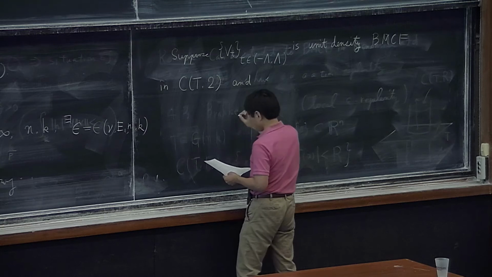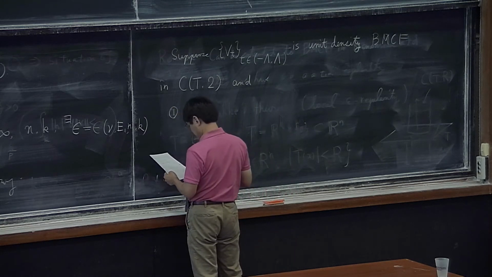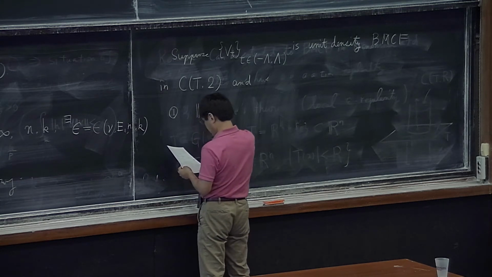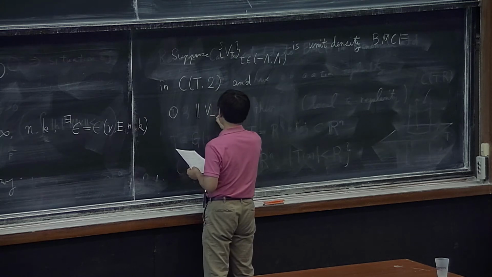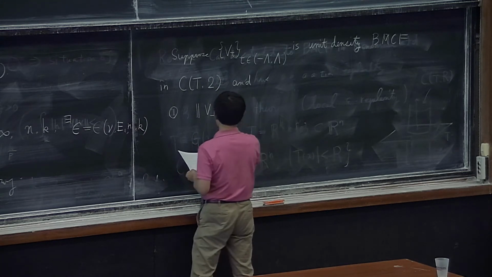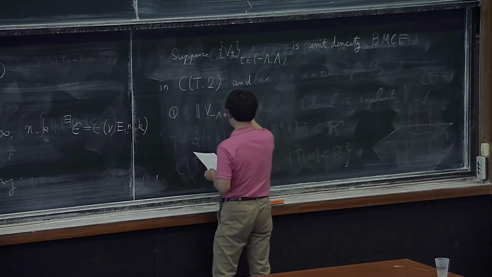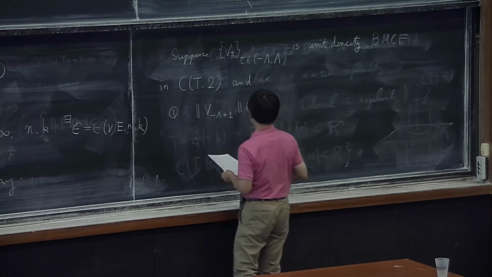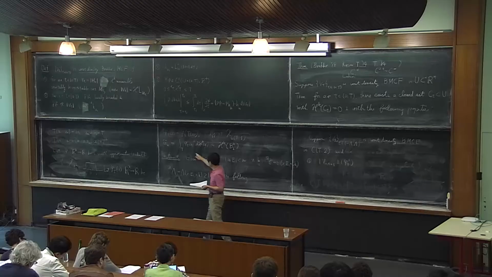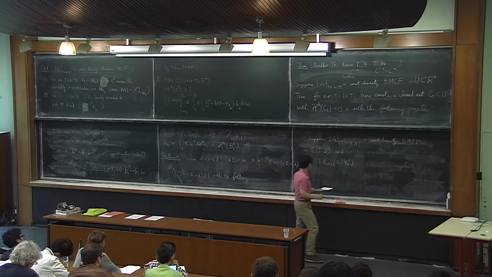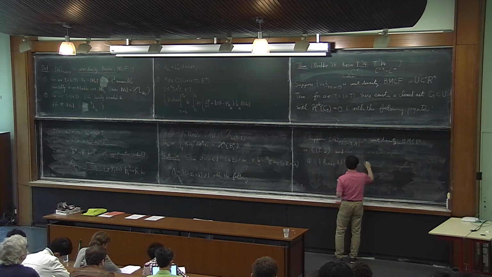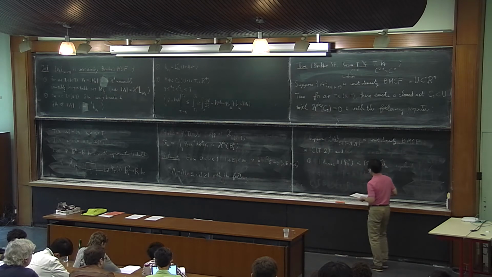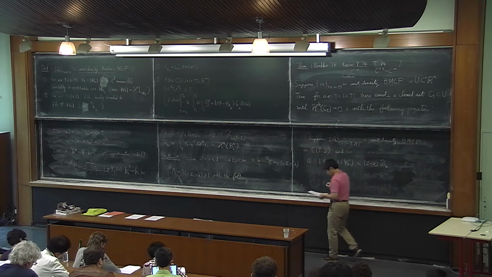And assume that there are three conditions. One is that V near the initial time, at time minus Lambda plus 1, measured with this phi_T squared, is less than 2 minus nu times omega_k tilde.